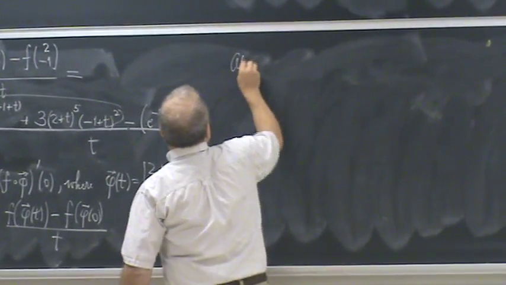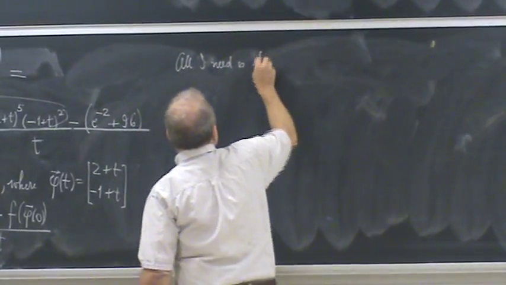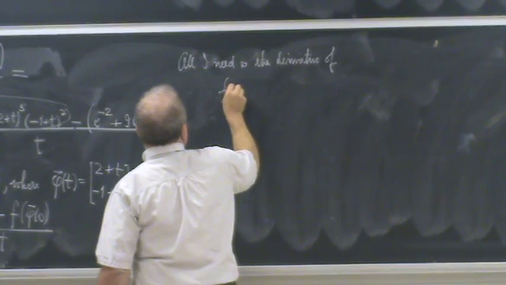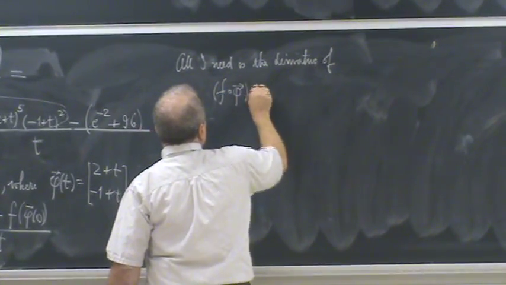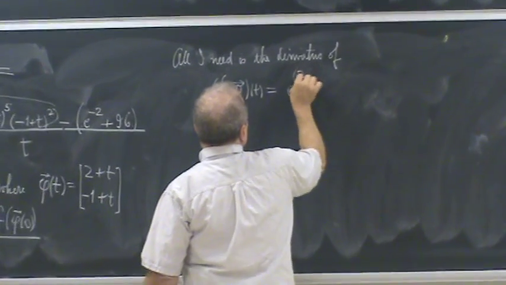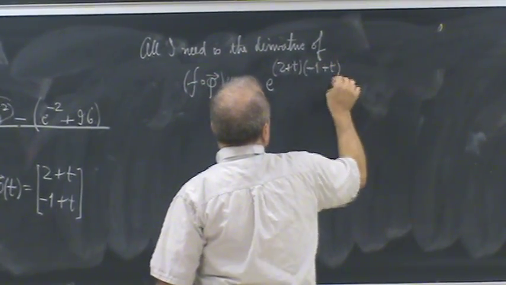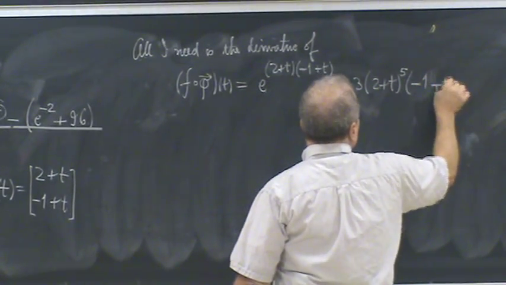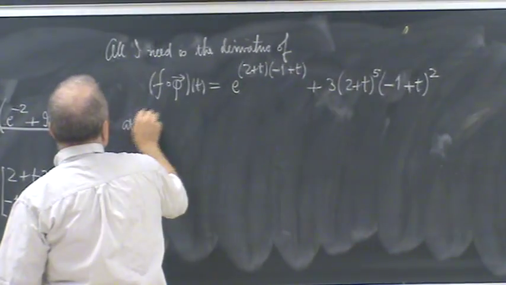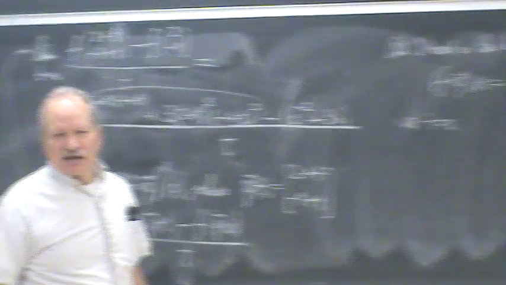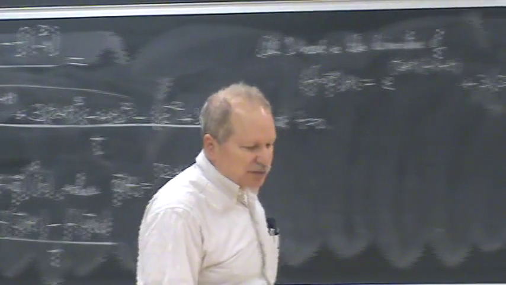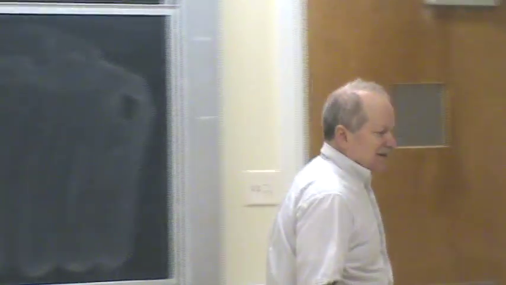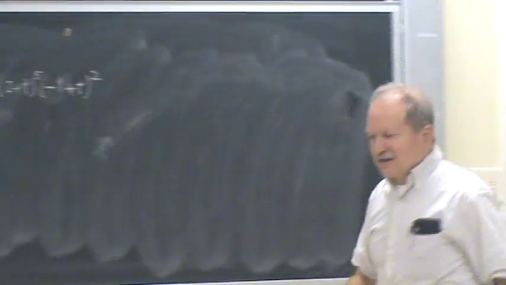So all I need is the derivative of f of phi of t, which is this, at t equals 0. Well, even with negative 5 hours of sleep, you guys should be able to do this. Agreed?